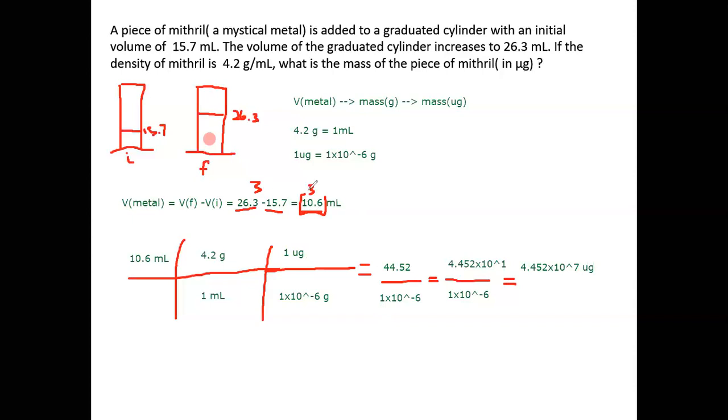But here it's okay, they're both 3. Now our density has 2 significant figures, and since micrograms to grams is metric to metric, it's exact. So our answer should be rounded to 2 significant figures. After the 4 is a 5.2. Since 5.2 is greater than 5, this would be 4.5 times 10 to the 7th micrograms. So this would be the mass of that metal in micrograms.